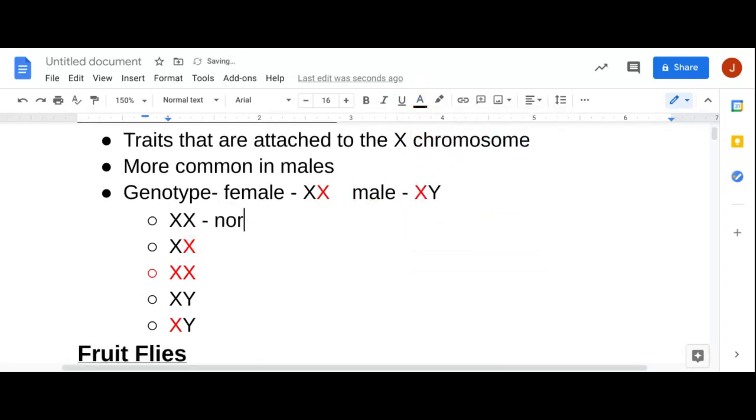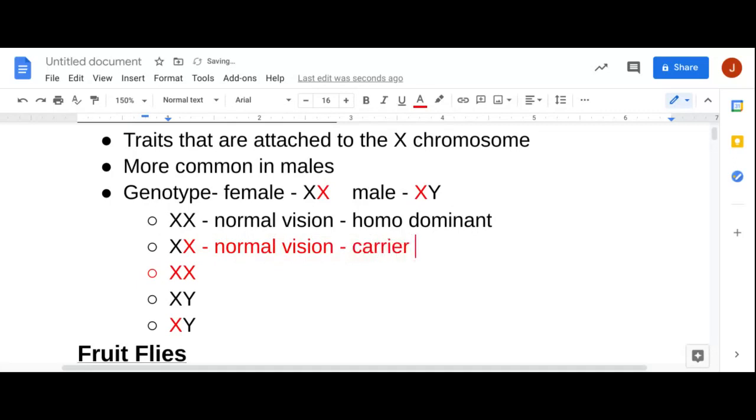So this is going to be a normal vision, and then she's homodominant. This one down here, she's going to have normal vision, okay? But she is a carrier for color blindness. And this is going to be a colorblind female.